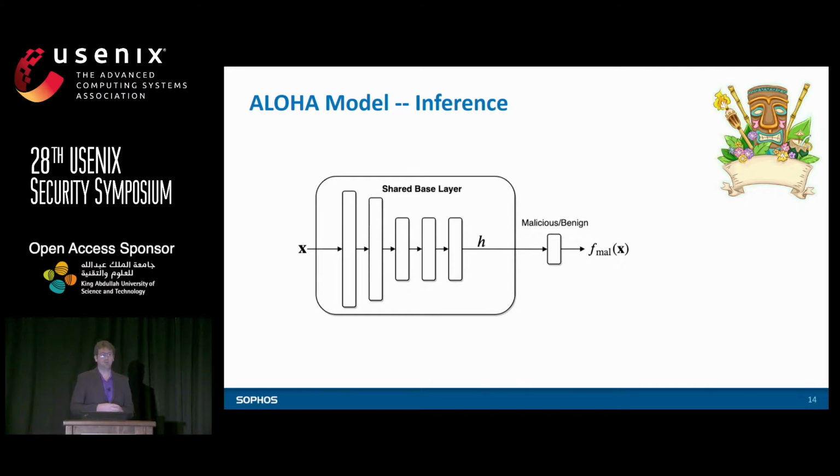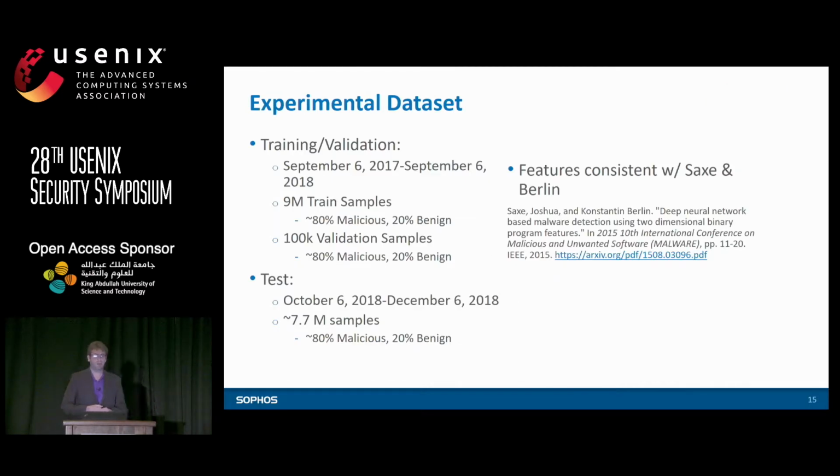So deployment looks the exact same as the standard industry use case. We have a neural network which takes in some featurized malicious or benign sample and then does prediction. So I've outlined the technique, but now let's see how it works.